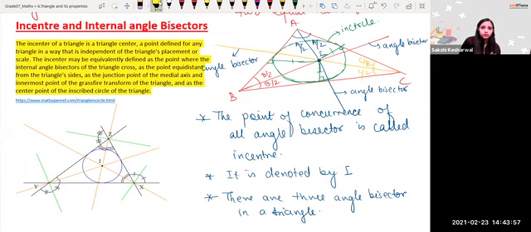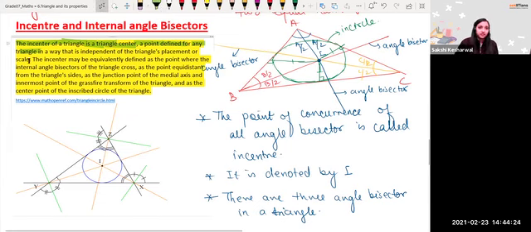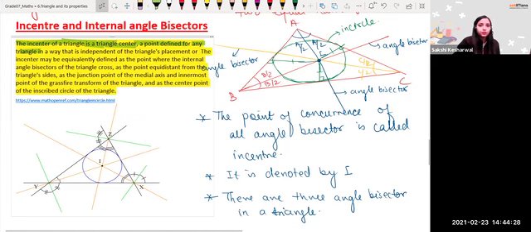So let's read what is written over here. It says that the incenter of a triangle is a triangle center, a point defined for any triangle in a way that is independent of the triangle's placement or scale. Don't read this much, this is too much for you people.